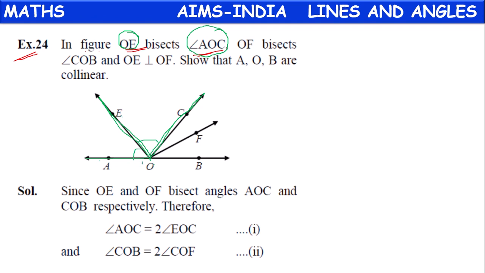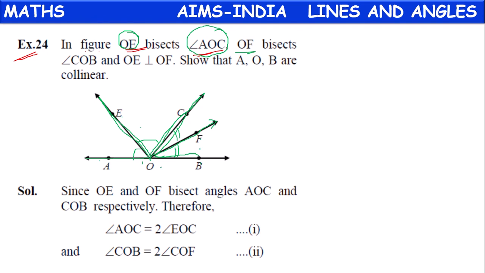So AOE equals COE. And the OF ray bisects COB, which means this part is equal to this part. So COF equals BOF.